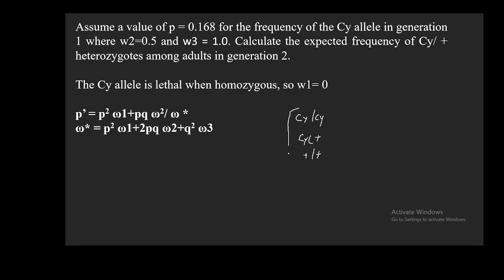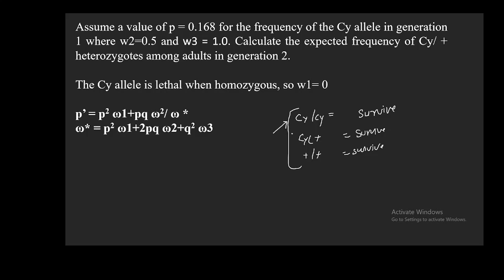All of these are going to survive. In that case you cannot say that the frequency of CY is exactly half of the plus allele, because this is also going to survive.